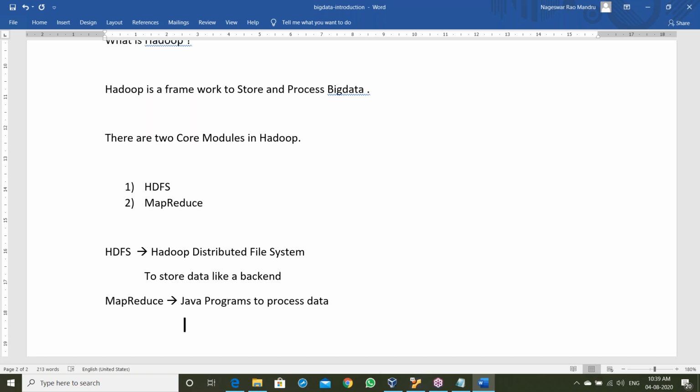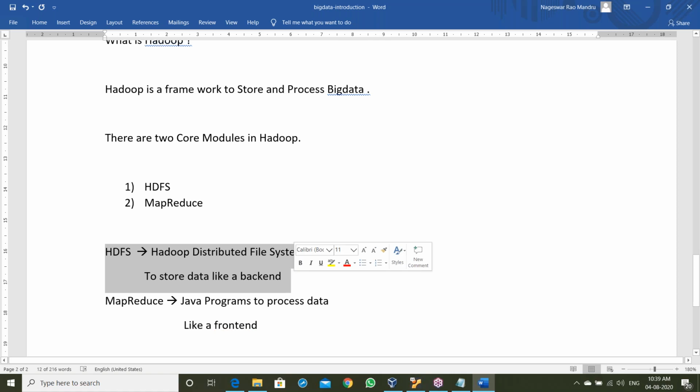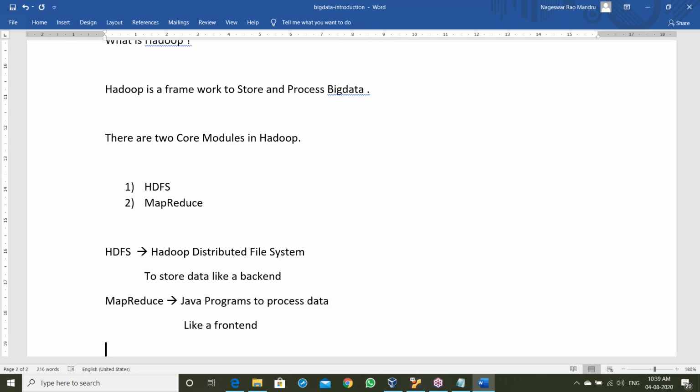Data processing is done using MapReduce, and HDFS is for data storage. So MapReduce is like a front end to process data, and HDFS is like a backend to store the data.